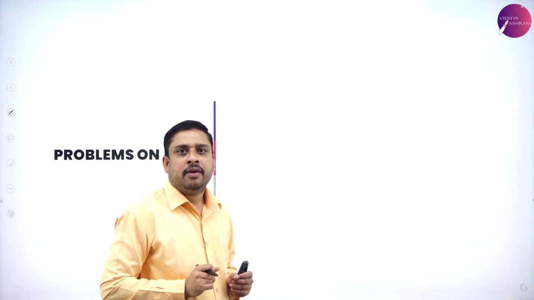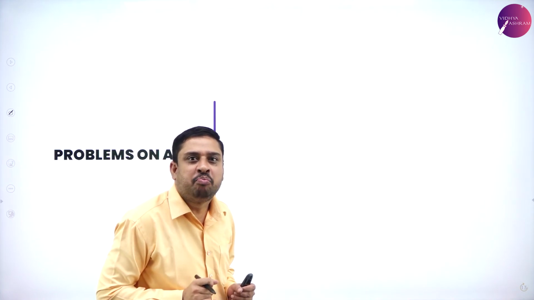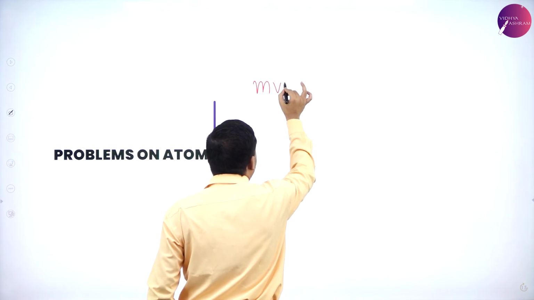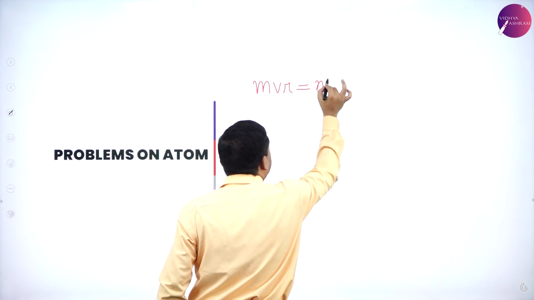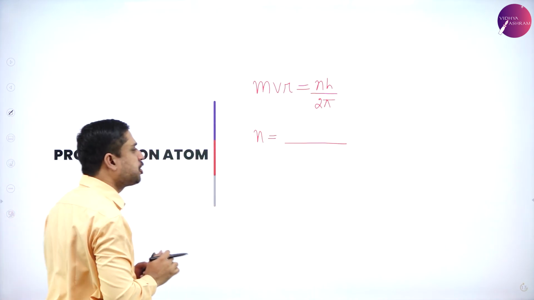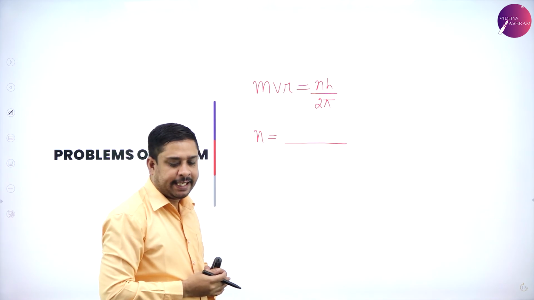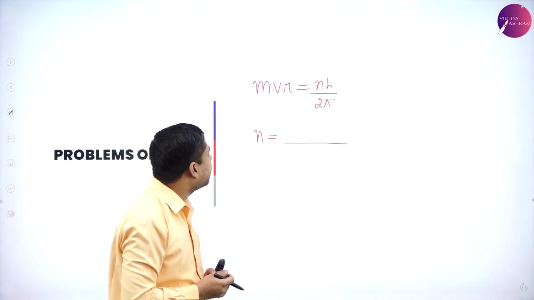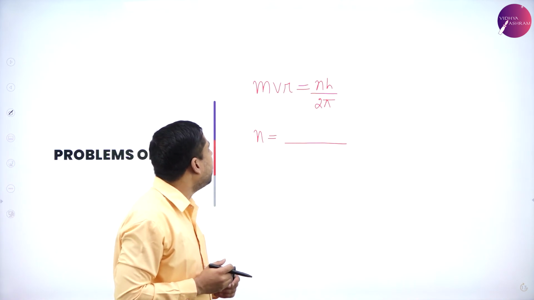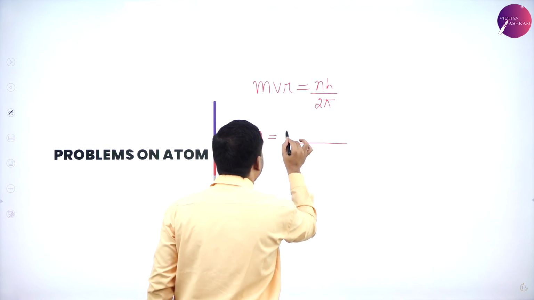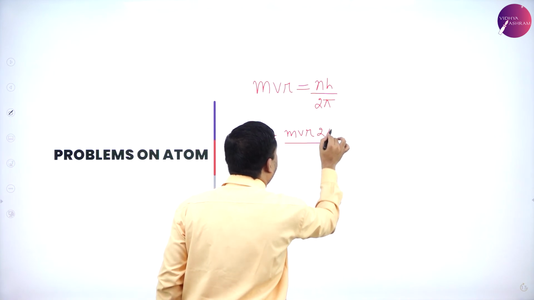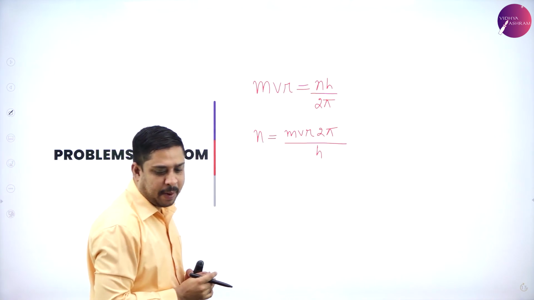Now, from Bohr's atom model, we have mvr is nh by 2 pi. So I have to calculate n, which is the quantum number. From here, n is m v r 2 pi divided by h.